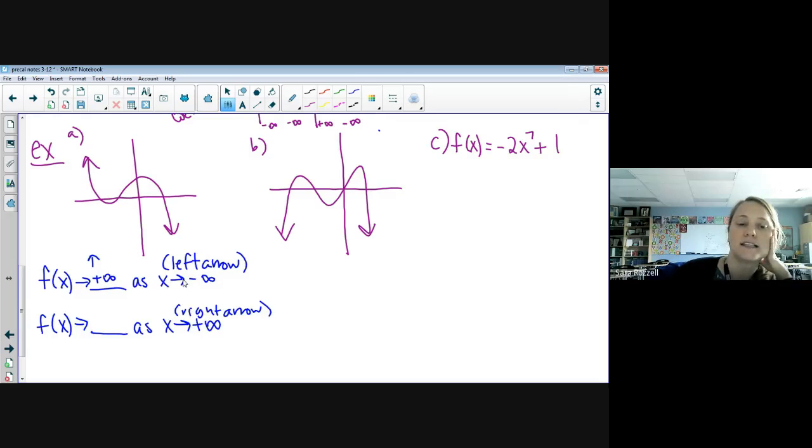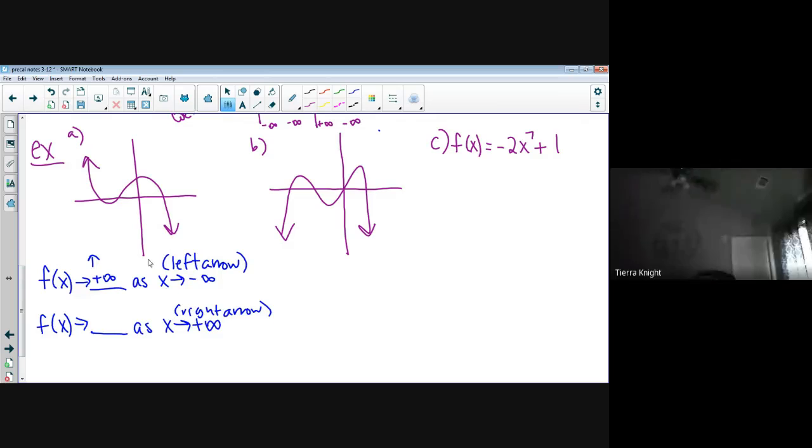When they say as x goes to negative infinity, I'm going to look at my left arrow, the one on the left-hand side. It was going up, so I'm going to put positive infinity. Now my right arrow, that's this one. Is it going up or down? It's going down. So what kind of infinity am I going to write? Negative. Good job.